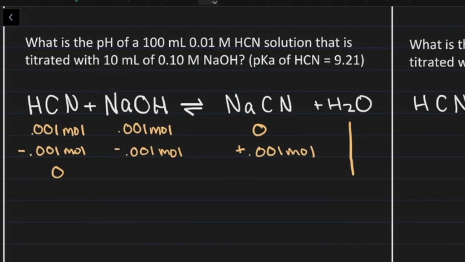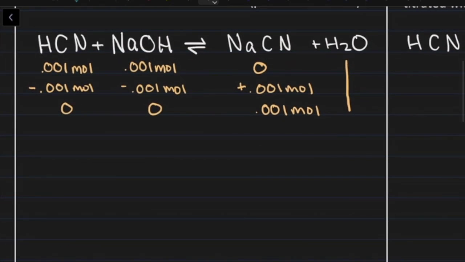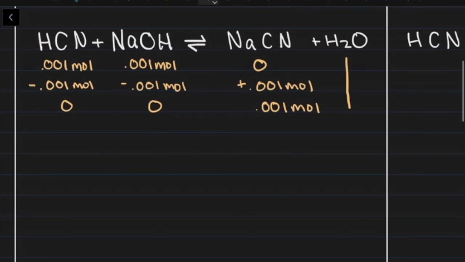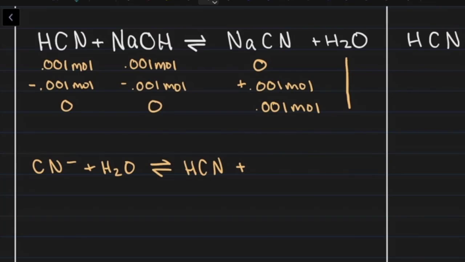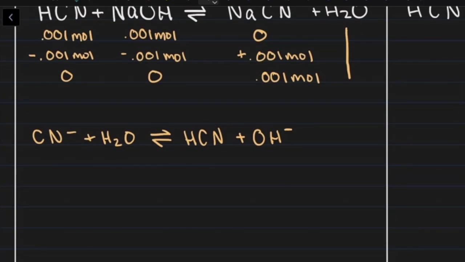So when we do that, we'll have none of our HCN left over, none of our NaOH, but we will have 0.001 moles of our CN minus. So now what we'll do is set up another reaction. That CN minus is not going to just sit there, it's going to react with H2O. So when it does that, we will reform HCN, and we'll have OH minus also.